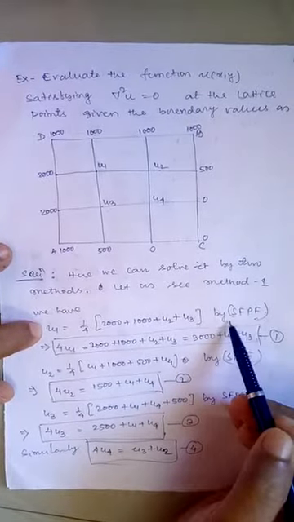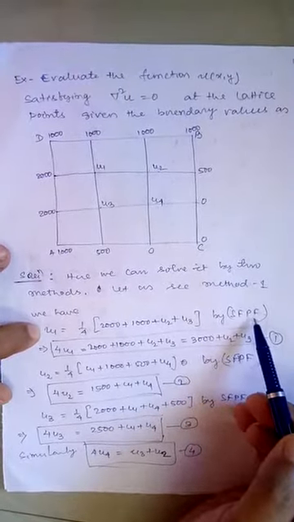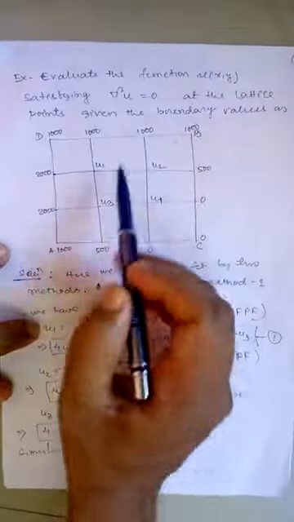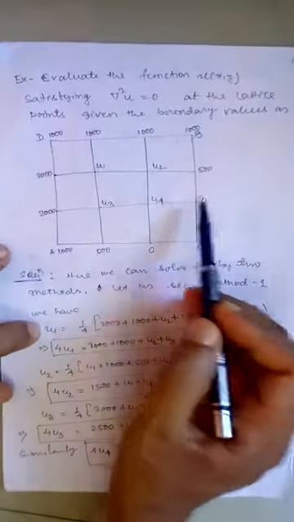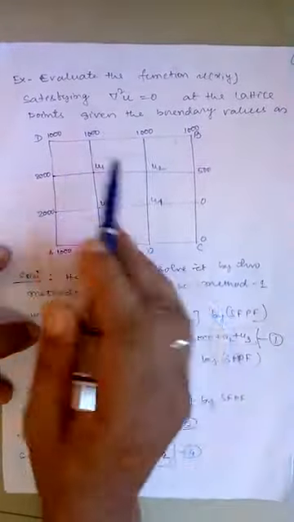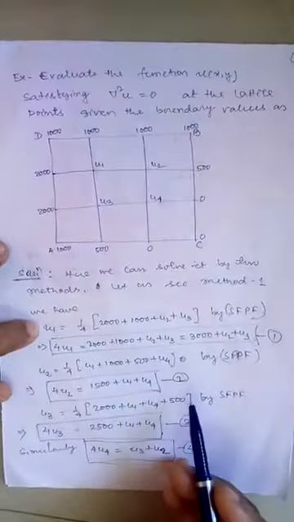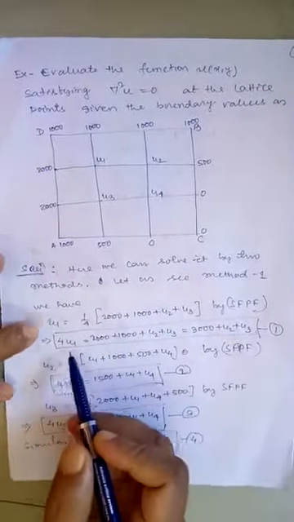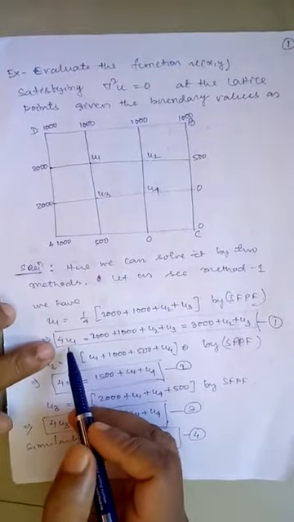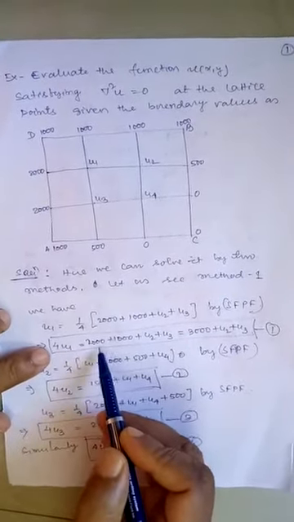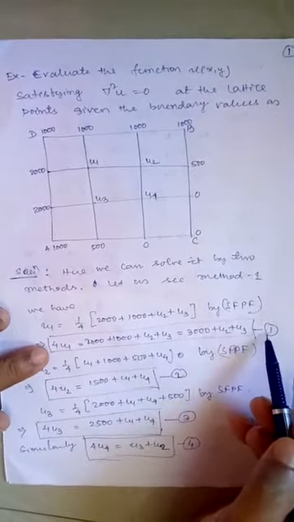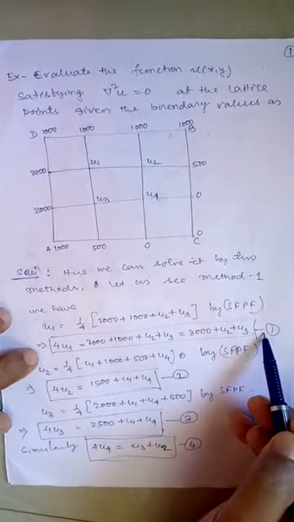Here we cannot use the symmetric method because here there are no central lines, vertical or horizontal. So we cannot consider this as a symmetric problem. So if I further simplify, I will get 4u1 is equal to 3000 plus u2 plus u3. Let me denote it as equation 1.